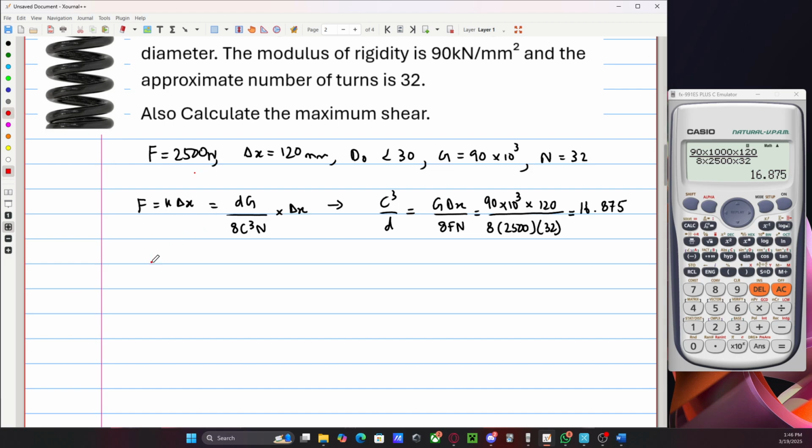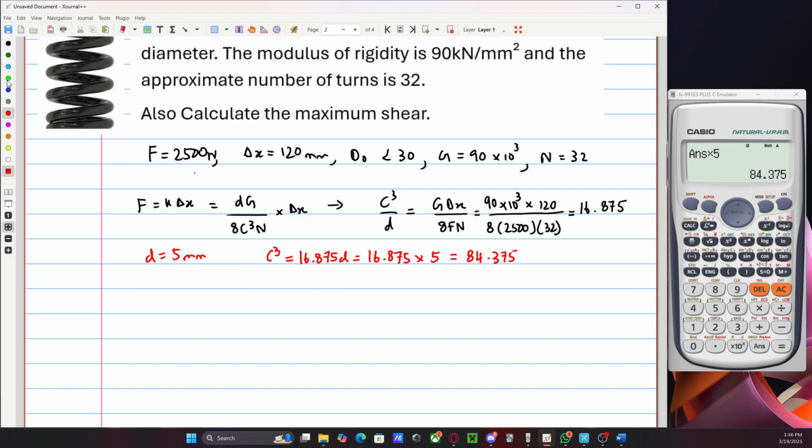I went with d equals, let's say, 5 millimeters. So we're assuming d equals 5, so what will happen? That c cubed will be our 16.875 d, which is 16.875 multiplied by 5. So this will give me 84.375.